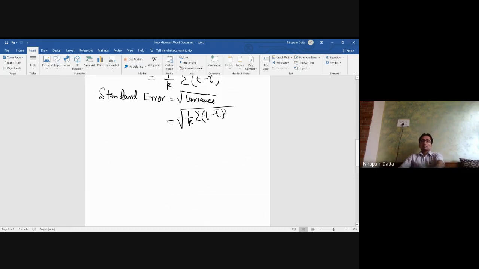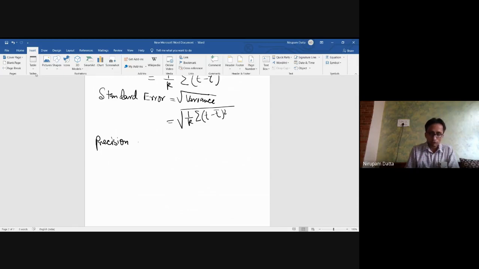Now, when we calculate these two parameters of the sampling distribution, that is the mean of the sampling distribution of the statistic and the variance of the sampling distribution of the statistic, we can use those two values to find a lot of things. So we like to find the precision of the test statistic which has been estimated.